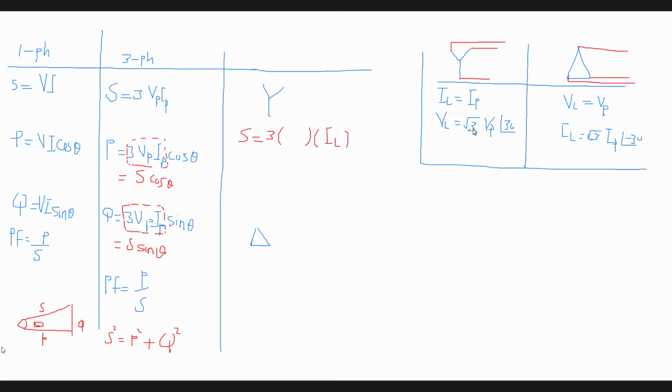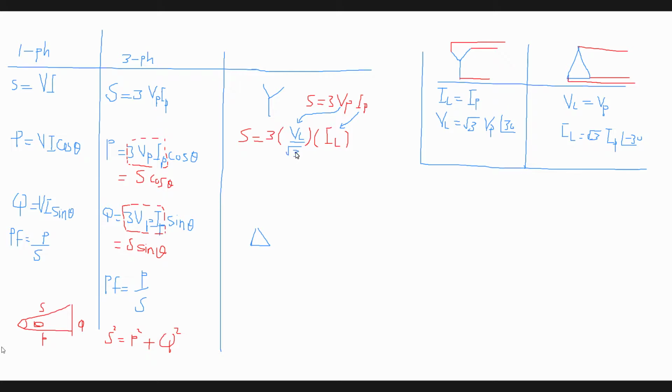But what's the relationship between V phase and V line? Let me just write it one more time. 3 V phase, I phase. So this is this, they're equal. Now V phase in terms of the line is V line divided by square root of 3.